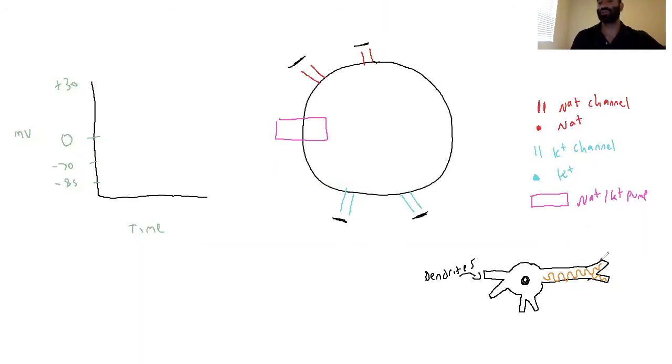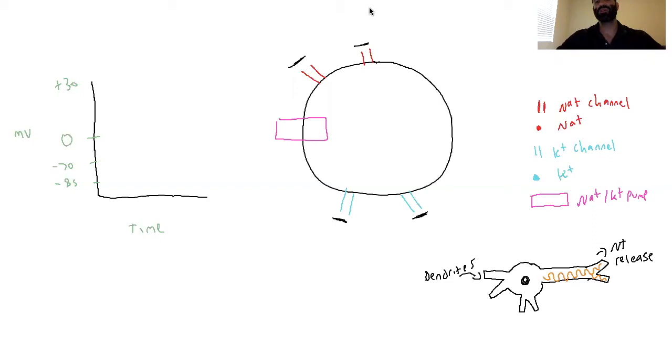Then at the axon terminal, you usually have neurotransmitter release. So what you are doing is communicating the signal from the dendrites to the site where the neurotransmitter needs to be released. To show how that happens, we are going to use a cell model.